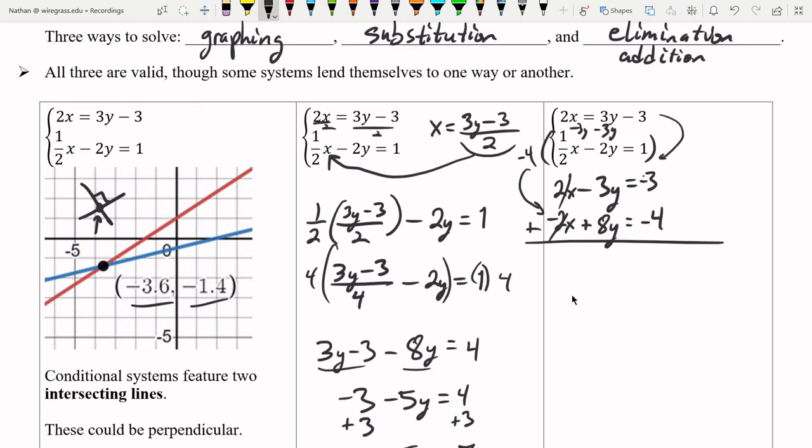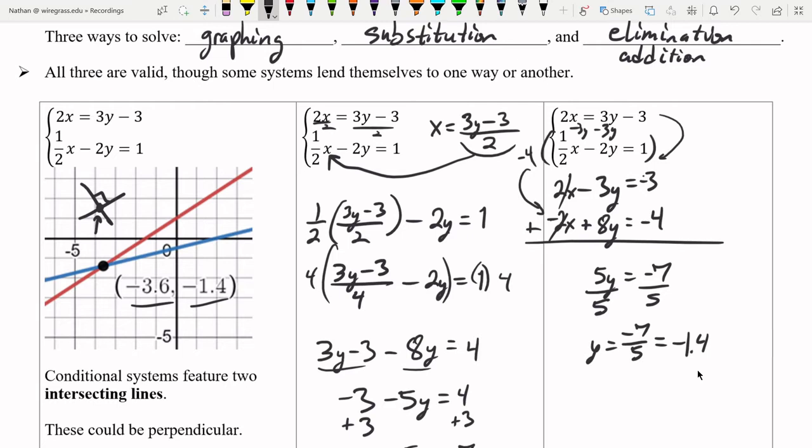And that's what I'm looking for. Of course, we have negative 3y plus 8y, it's going to be 5y. And negative 3 minus 4 is negative 7. All I have to do is divide by 5, and I get y equal to negative 7/5, which is the same thing as negative 1.4.